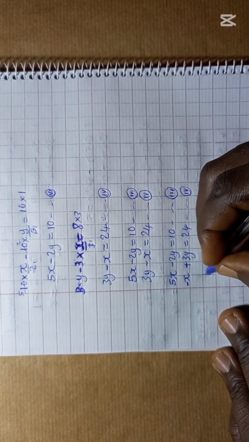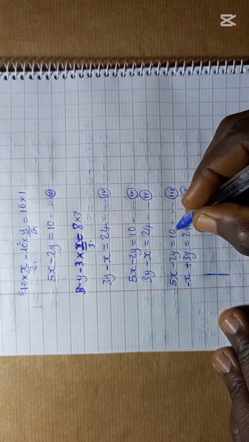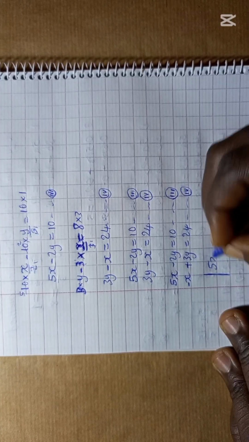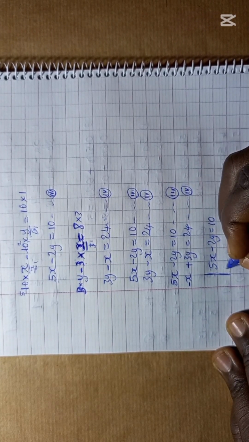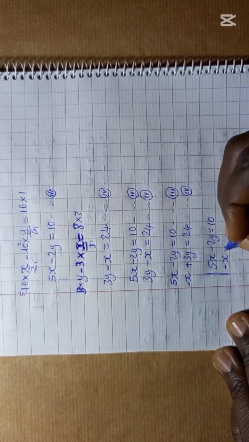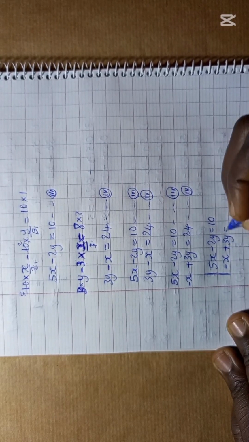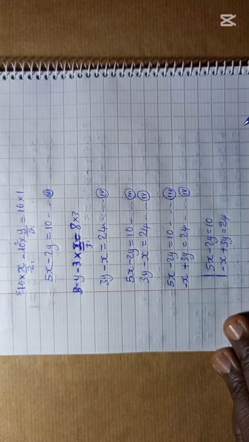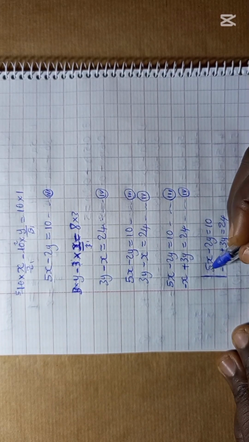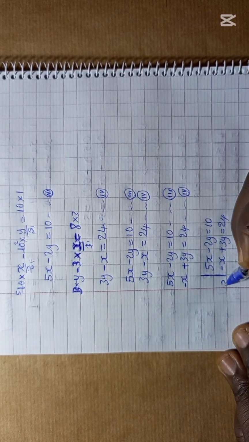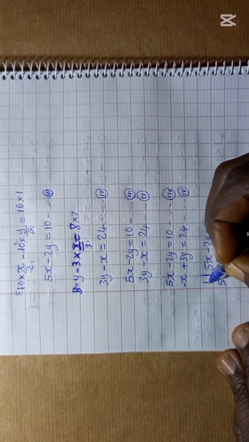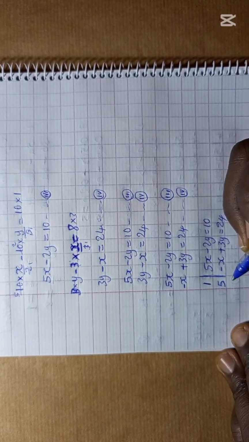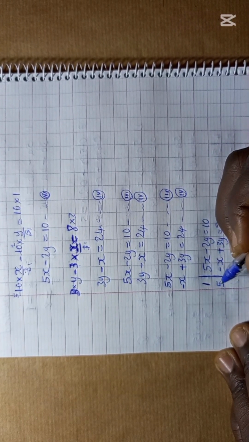So I'll write out here: 5x minus 2y is equal to 10, and minus x plus 3y is equal to 24. So now this 5, I'll bring it here, and here is just minus 1, but I'll use 1. I'm still going to get the same answer.